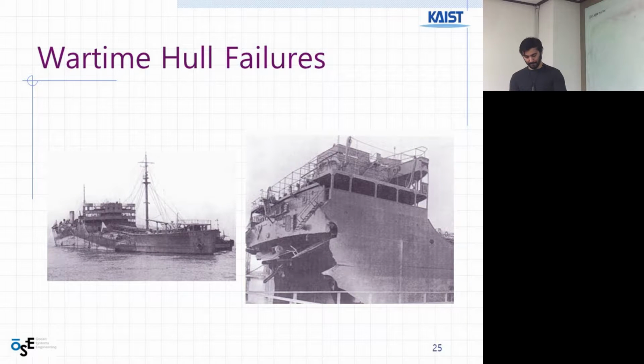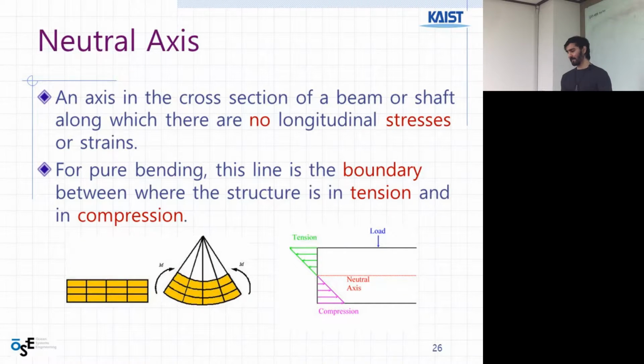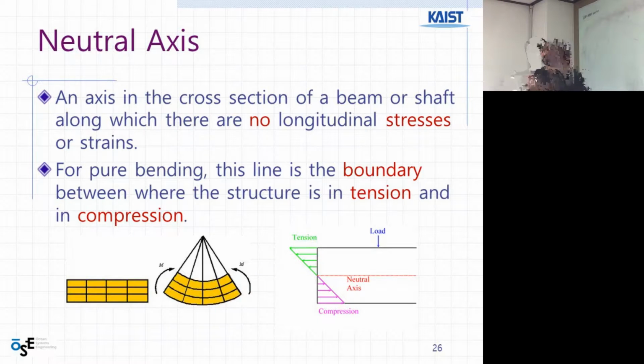Okay, next. Neutral axis is an axis in the cross section of the beam which does not have any longitudinal stress or strain. If the beam section is symmetric, isotropic, and not curved initially before it bends, then the neutral axis coincides with the geometric centroid of the beam.